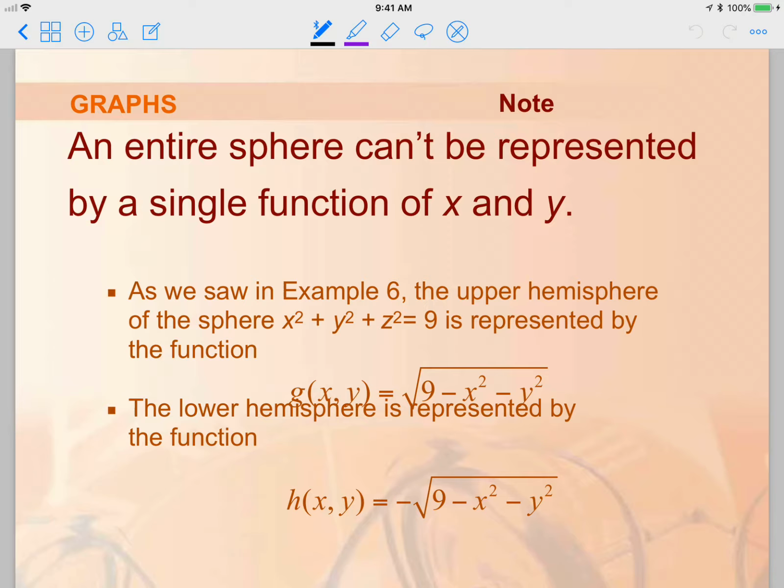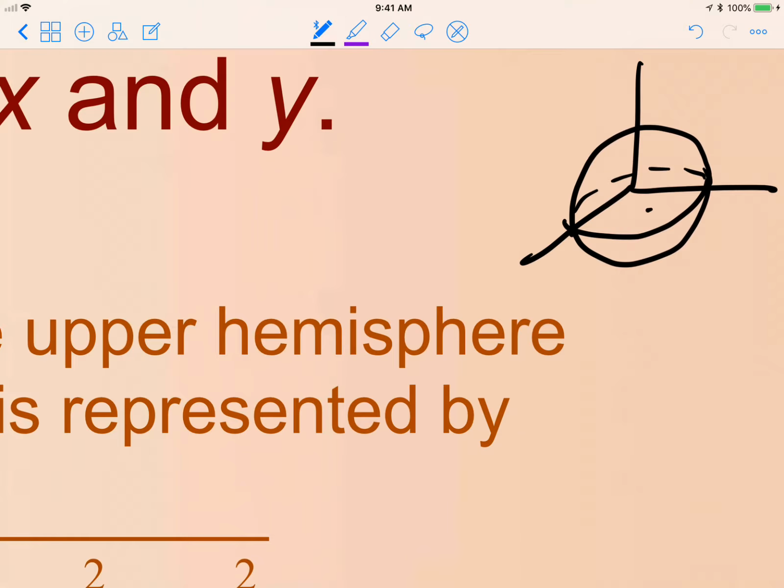So this is similar to the case with a circle in 2D. In order to have a function, we have to have exactly one output for every input, right? So if we were to have the sphere, then for every point x, y, there can't be two outputs.